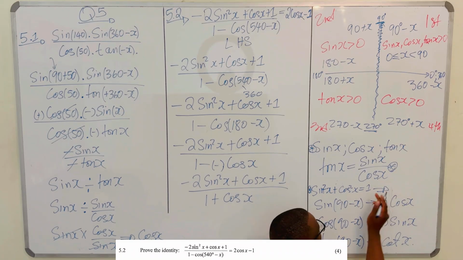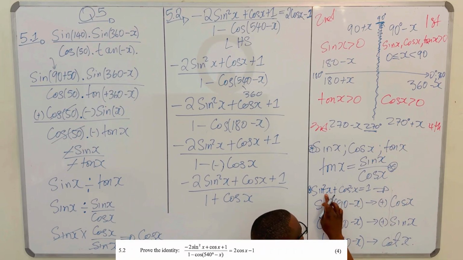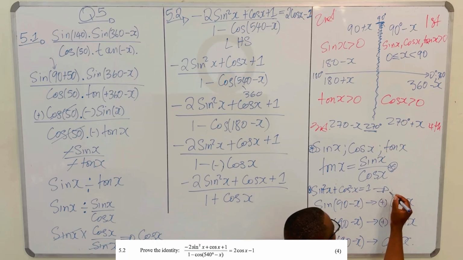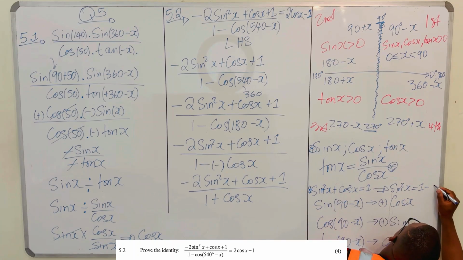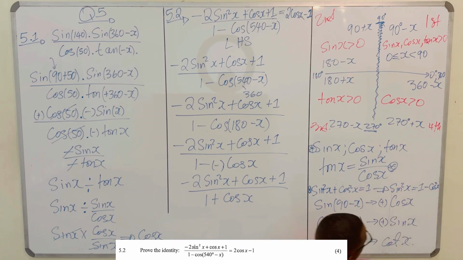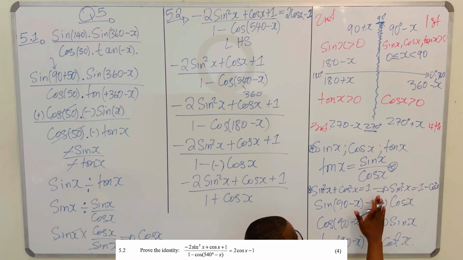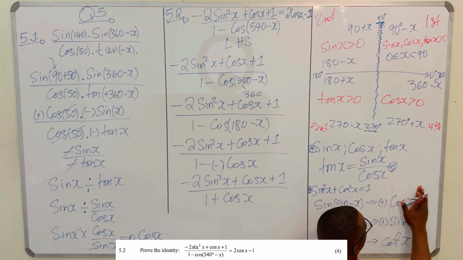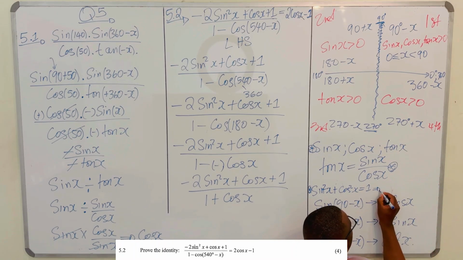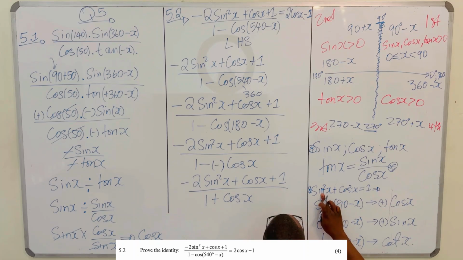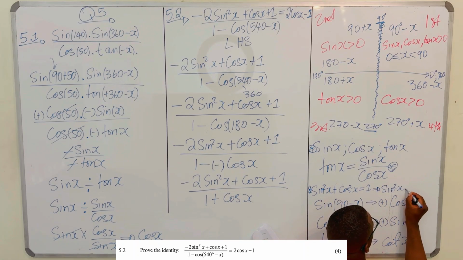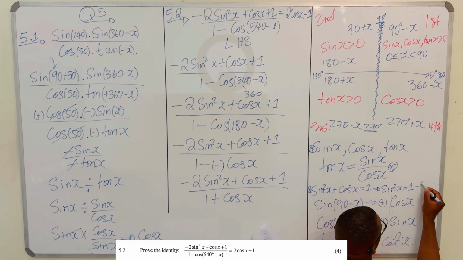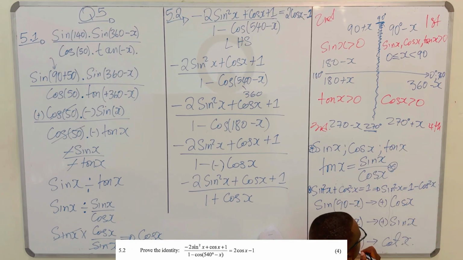The sine squared x plus cos squared x is equal to 1. From this, we can solve for sine squared x by transposing cos squared x to the other side. So your sine squared x is equal to 1 minus cos squared x.